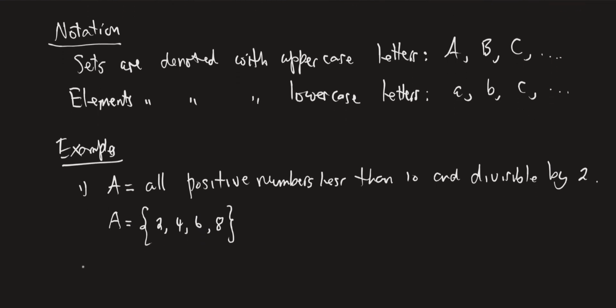Let me show you another one now. Let's define B. And let's say B is this set. 1, 2, 3, 5, 7, 9, 10. Right?